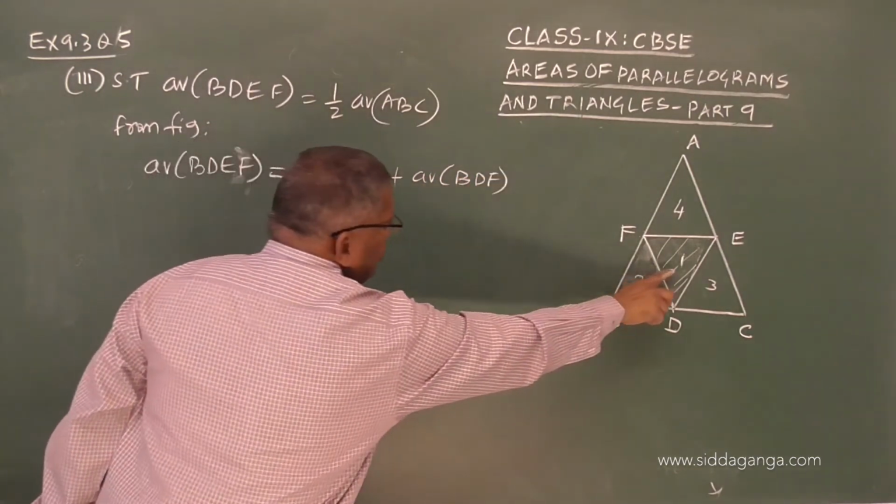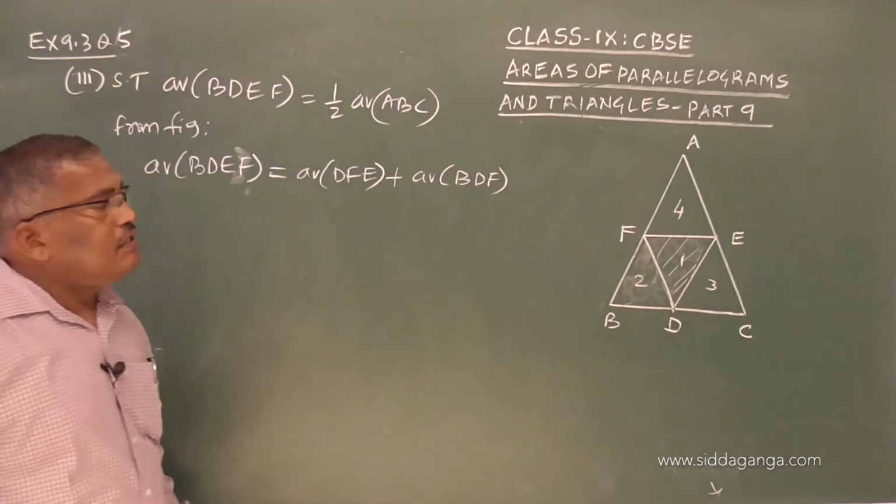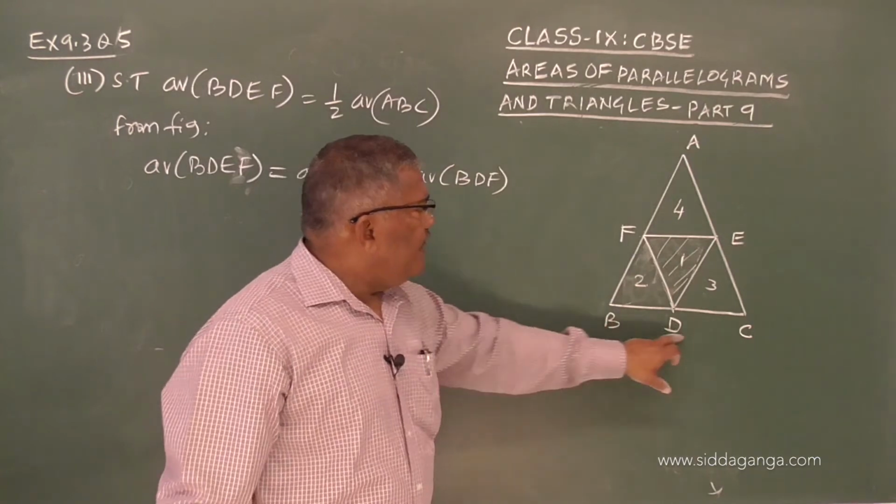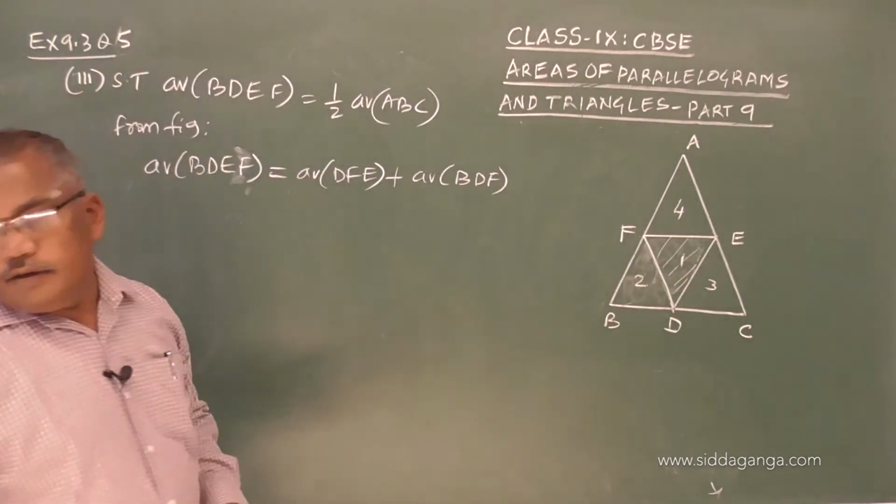So, triangle 1 plus triangle 2. The sum of these two is BDEF.